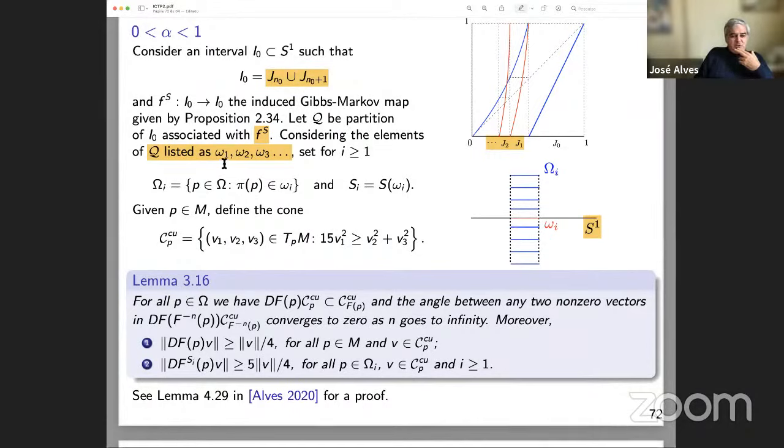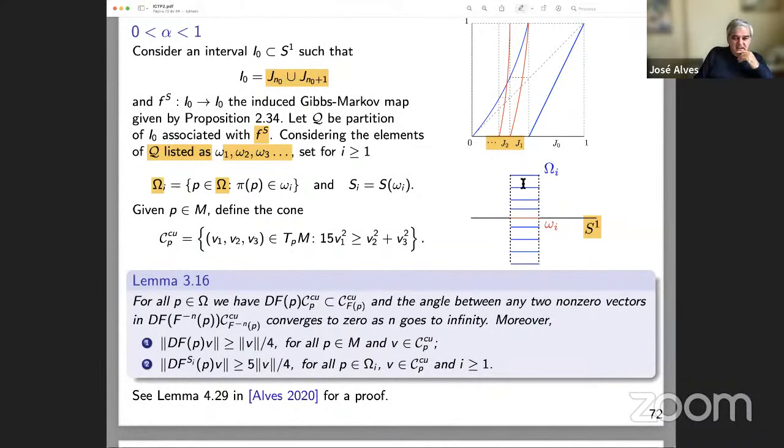So associated to, for instance, this little omega 1, I will create the omega 1 tilde. What is that? It's the set of points that are in the attractor, the solenoid attractor, and project into it. So the solenoid, there are lines here. See, here I draw them with no curvature, but they have some curvature.